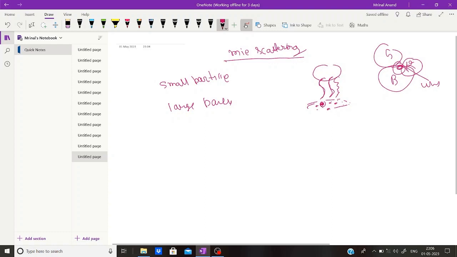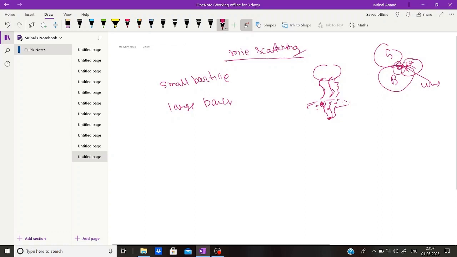So after some time in the Mie scattering, after interaction with this small particle or large particle, after the reflection or scattering from this particle, the blue light, green light, and red light will meet at that point.